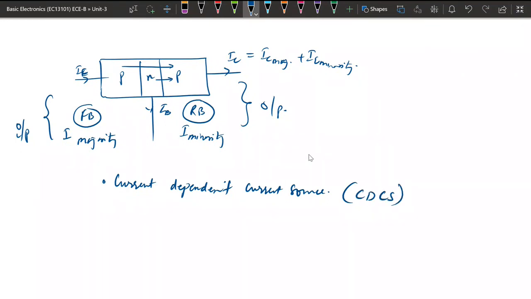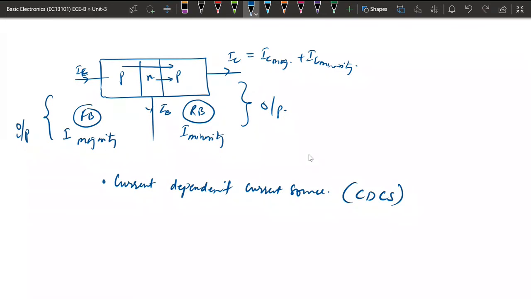We can just write like BJT is going to work as a current source, and once we have obtained the current, we can get whatever voltage we are requiring based on the load we are going to connect to this BJT output terminal. Okay, so this is all about the basic operation of BJT.